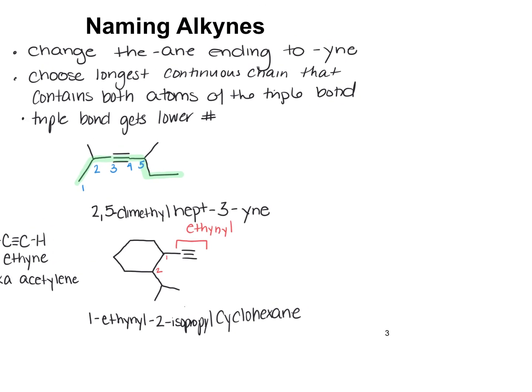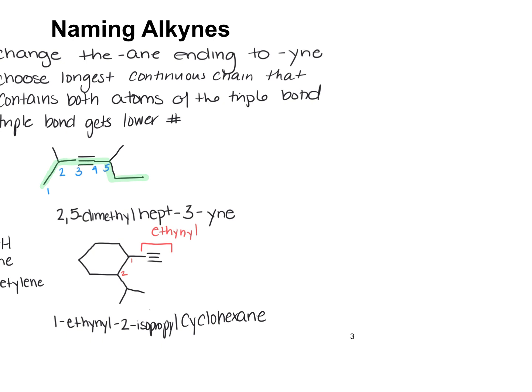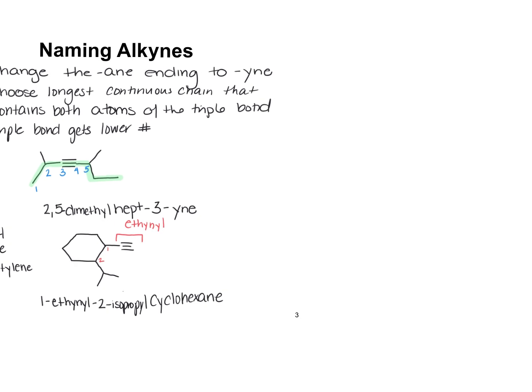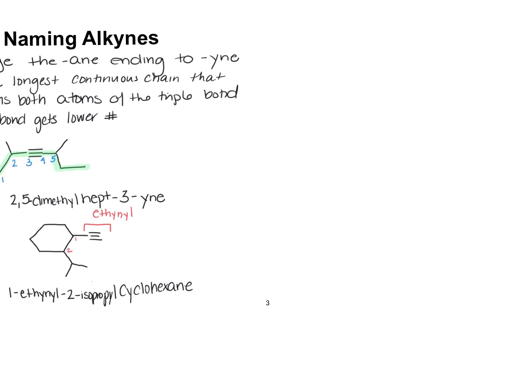Then the other thing I want to point out is if you have compounds with triple bonds and there's more than one, then we use diyne. So let me move over here.